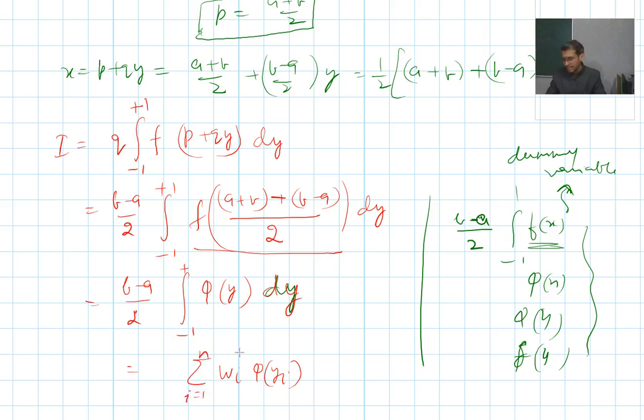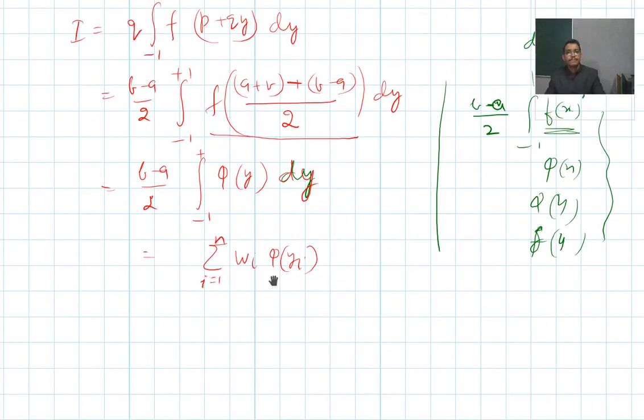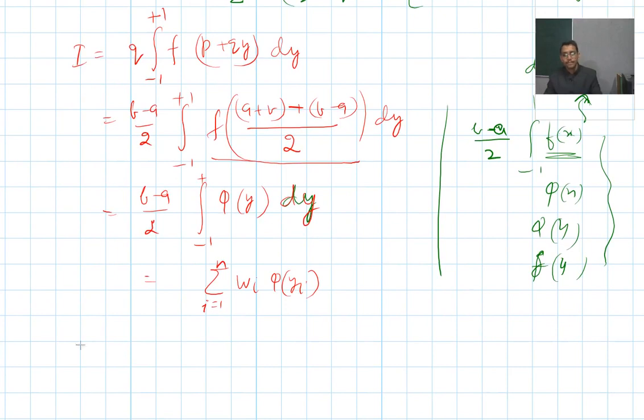Now these wi are called the weights, and n is the number of points through which fx passes.